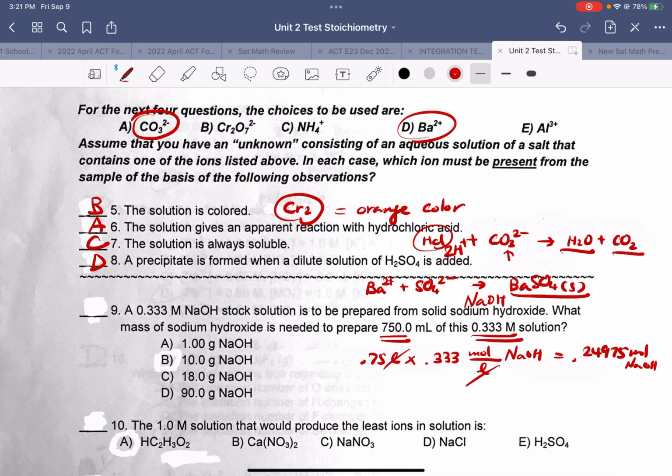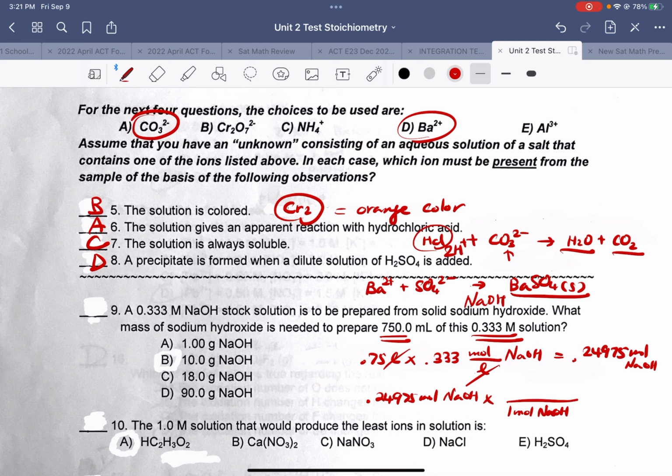Now I need to know how many grams. So 0.24975 mole of NaOH. To find the grams, you need to multiply by the molar mass. So 1 mole of NaOH.